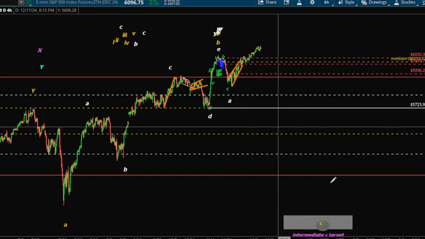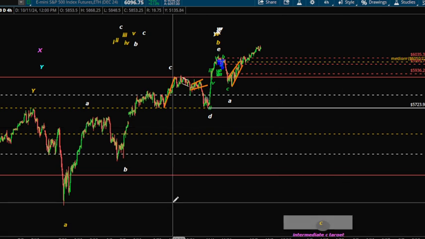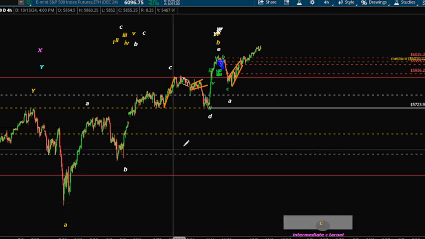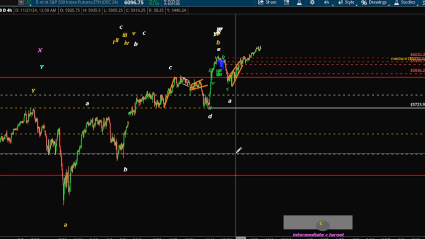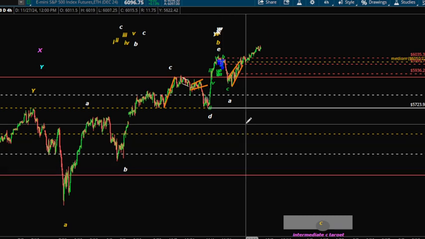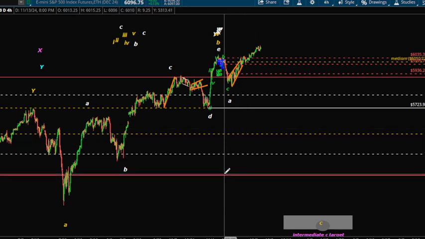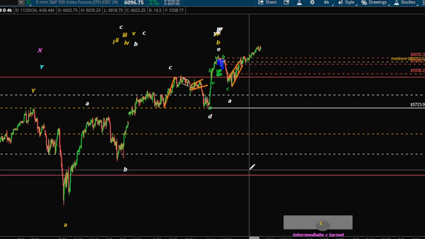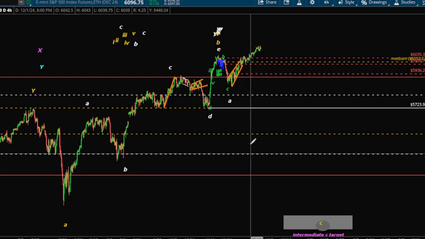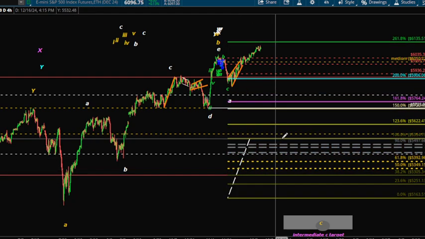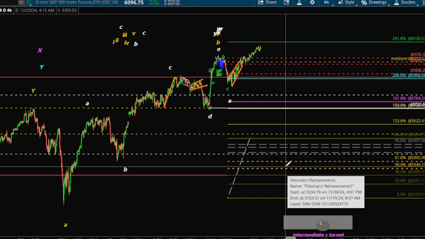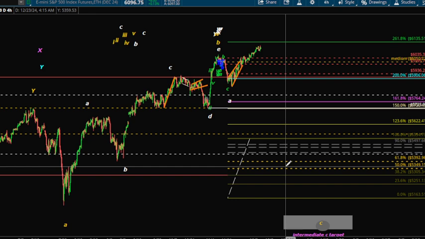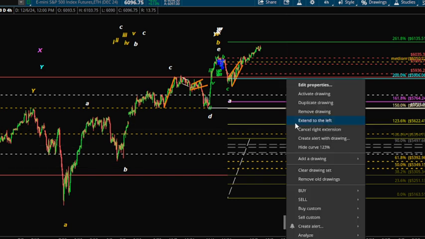I don't really use the extension derivatives because when I count 3 moves, the second wave I don't really need to add into the next wave. I really hate to use my retracement tool as an extension tool, but for me, I use it as an extension tool, if that makes any sense.